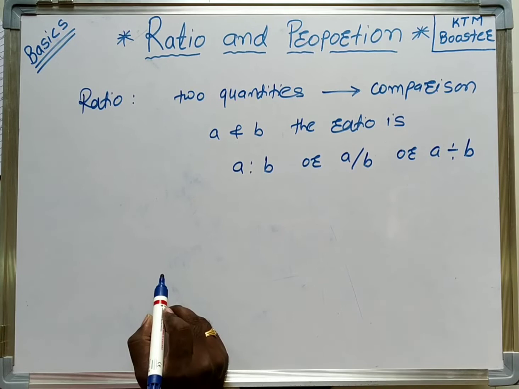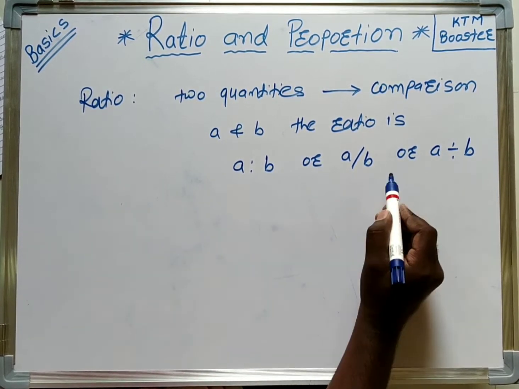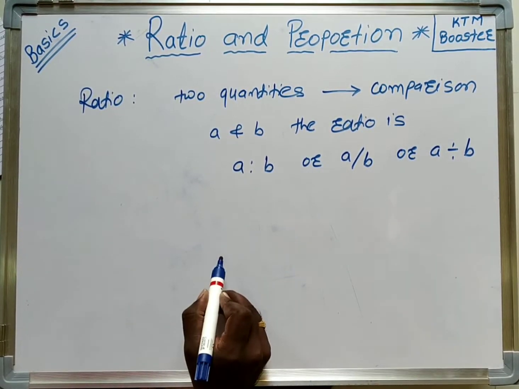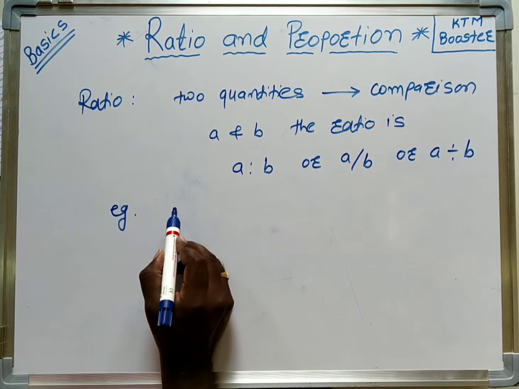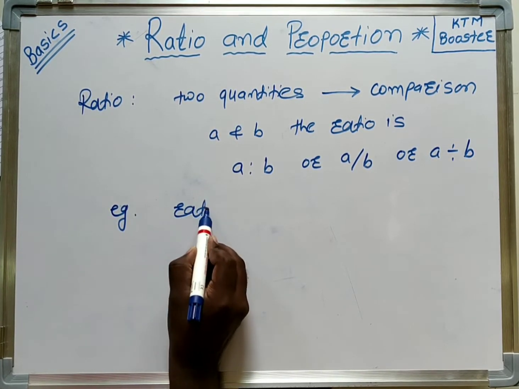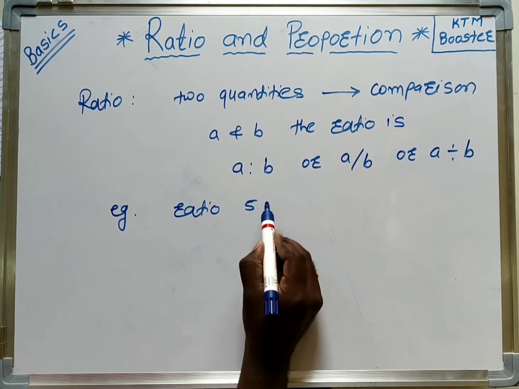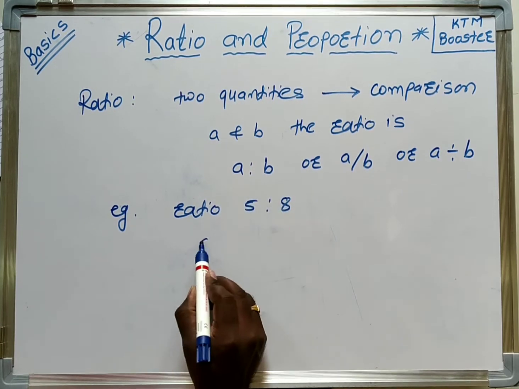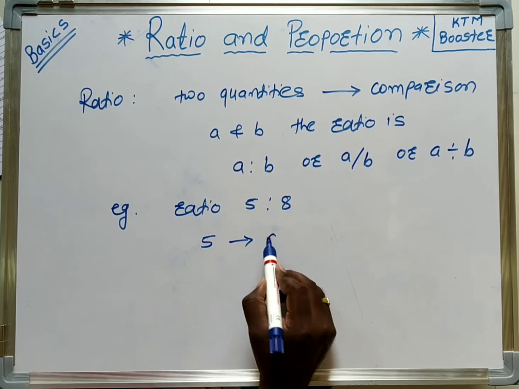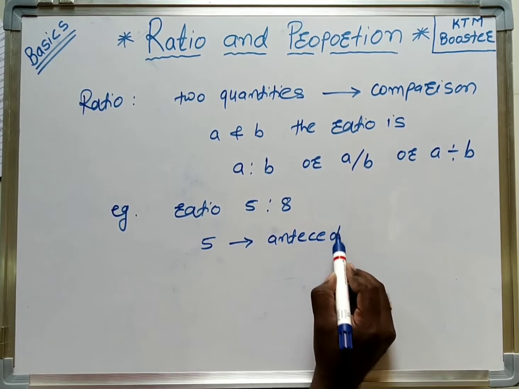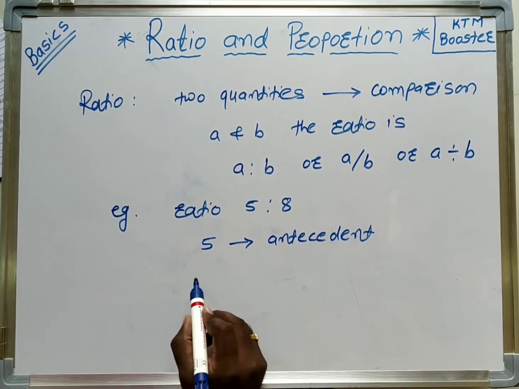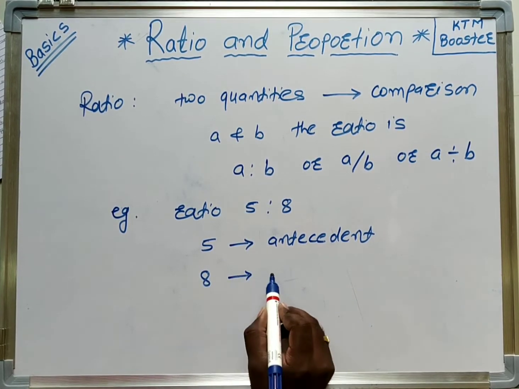Now the two quantities being compared are known as the terms. For example, we have the ratio 5:8. 5 is known as the antecedent and 8 is known as the consequent.